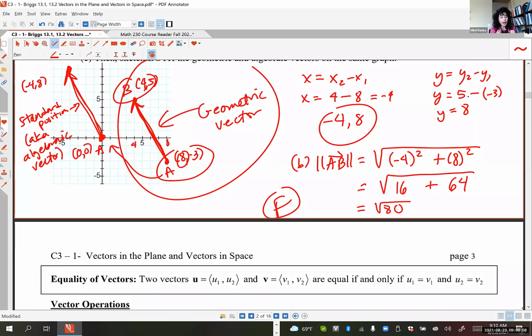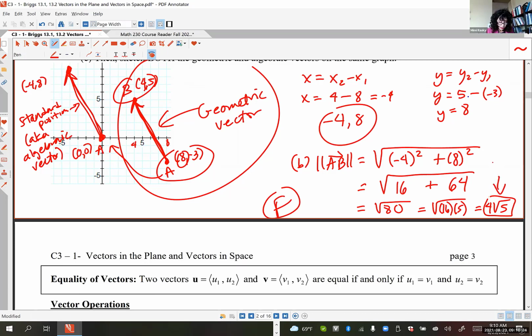The reason I would take off 1 point for this problem is because 80 has some factors that are perfect squares. You can simplify this radical just a little bit. What do you mean? Well, 80 can be written as 16 times 5. And since the square root of 16 is 4, you can simplify this radical. So there's the magnitude, 4 square root of 5.